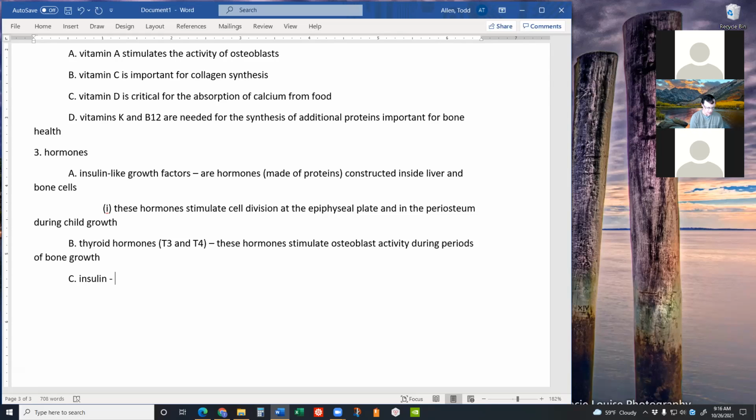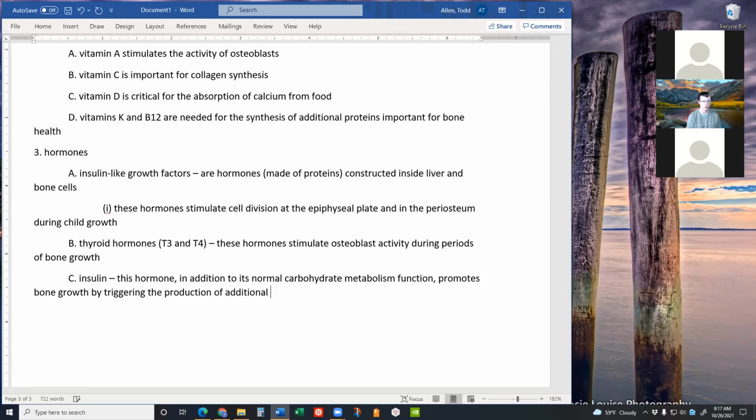So this hormone, in addition to its normal carbohydrate metabolism function, promotes bone growth by triggering the production of additional proteins important for bone physiology. So it's not just about sugar, folks. It's about other things. And I'm going to finish right here.